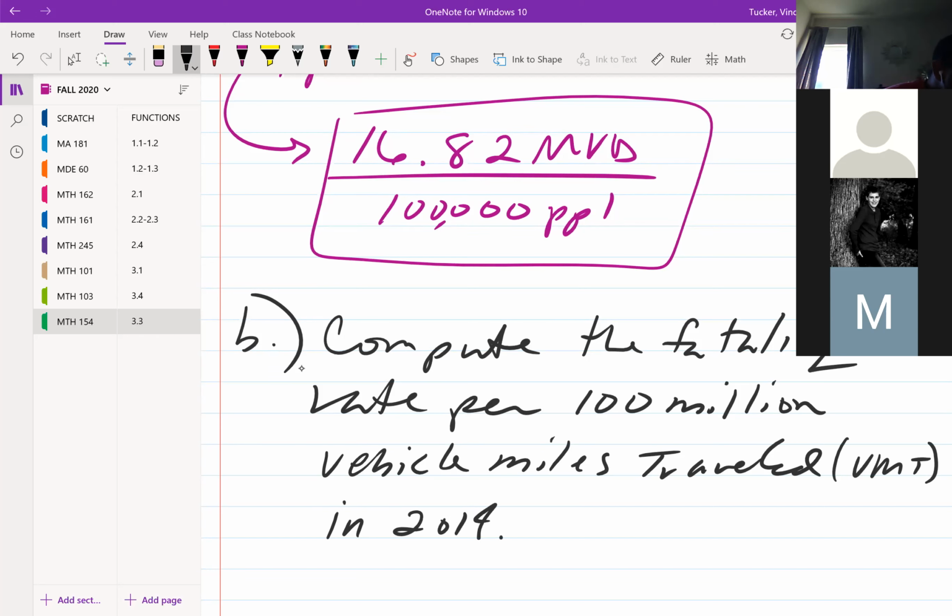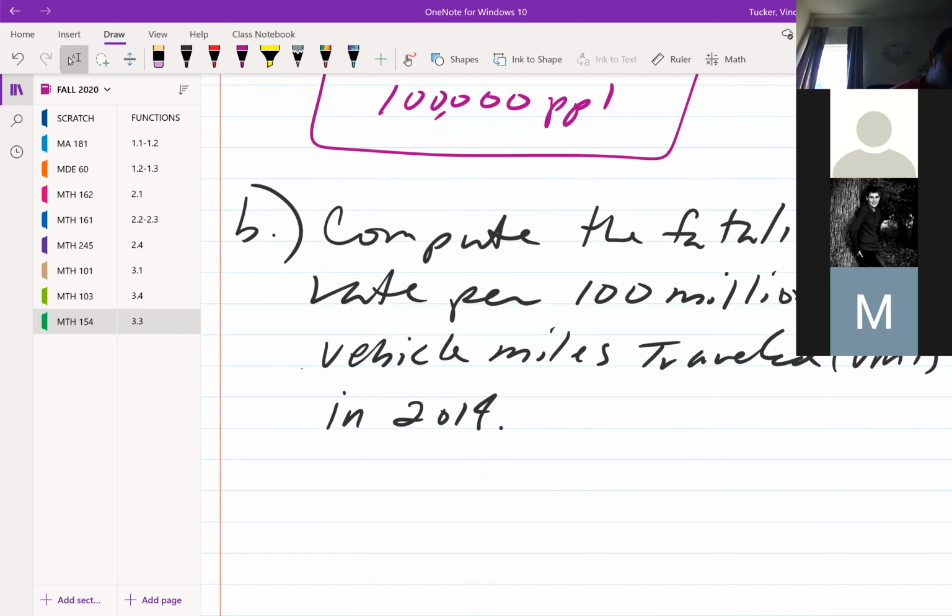All right, so B is compute the fatality rate per 100 million vehicle miles traveled in 2014. So we're still looking at number of, let me go red. Let's stay consistent with what I did earlier.